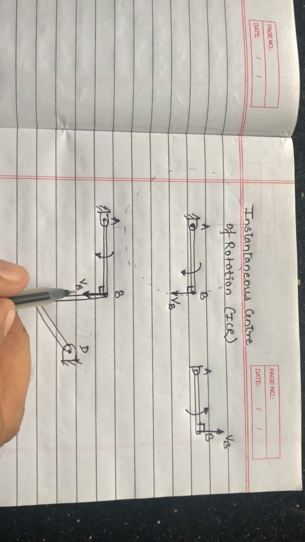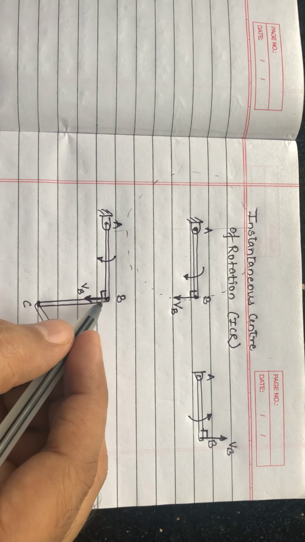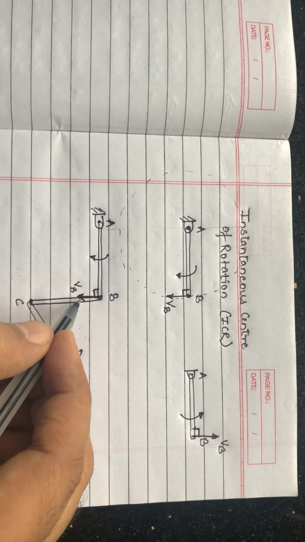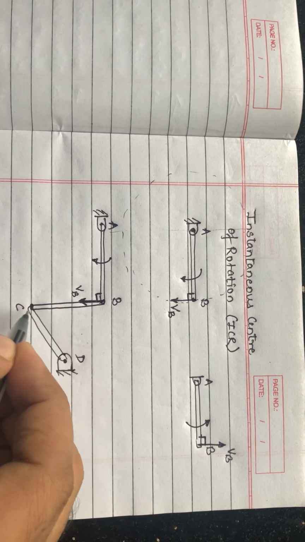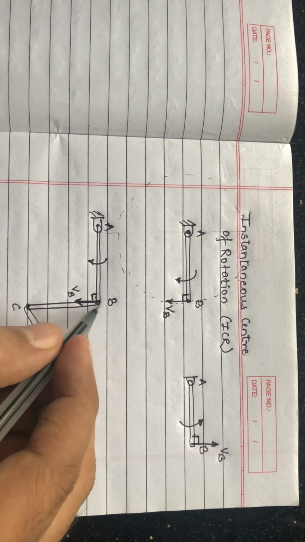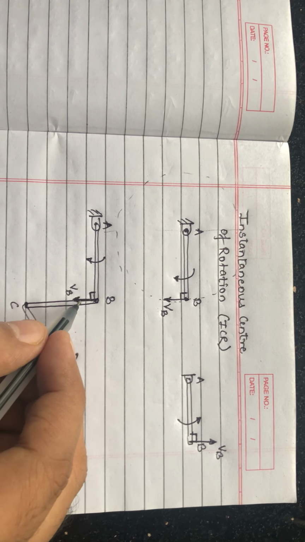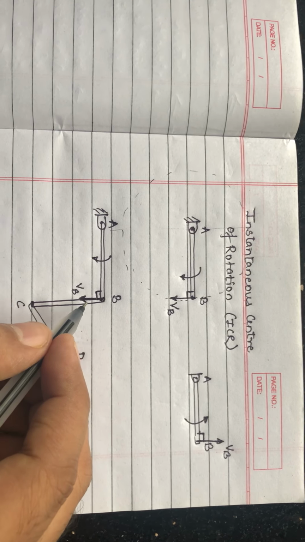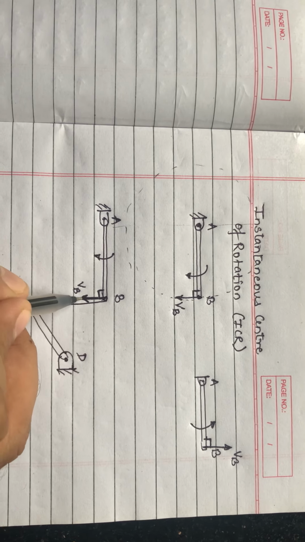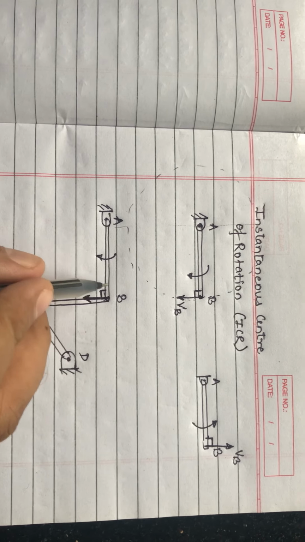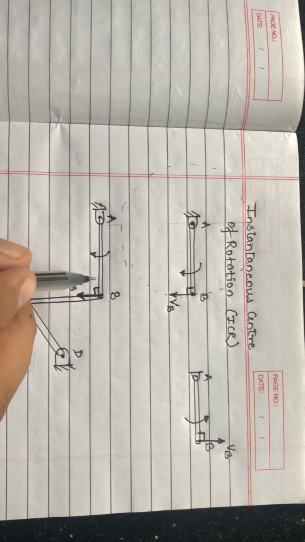Listen, one more important thing, guys: this velocity does not compulsorily lie on BC. It might lie on BC, or it might be away from BC, but it is compulsory that the velocity will be perpendicular to AB. That's the compulsion.